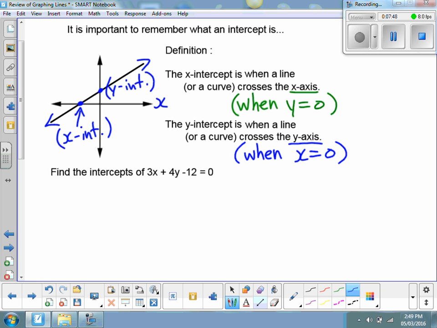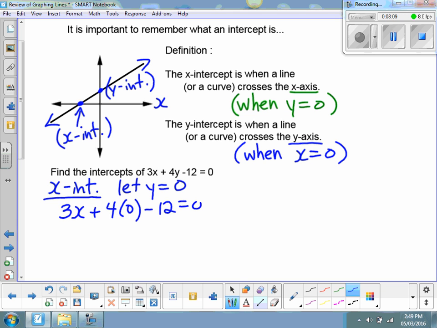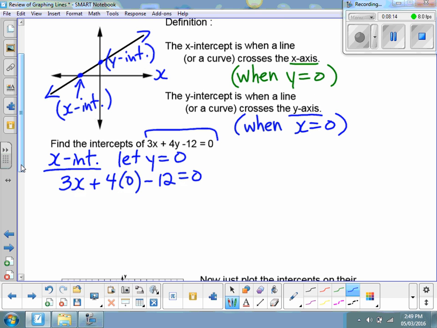Here we've got an equation, 3x plus 4y minus 12 equals 0. I'm going to find the x-intercept first. So when we're talking about the x-intercept, I have to let y equal 0. So that means I'm going to substitute 0 in where the y is into my equation up here. And the great thing about substituting in 0 is that 4 times 0 is just going to be 0.